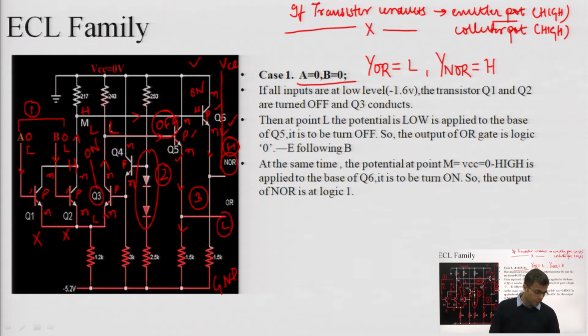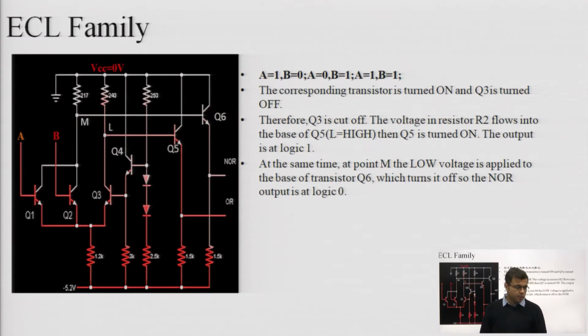Okay. So now let's proceed towards the remaining parts. So if A is 1, B is 0, A is 0, B is 1, and A is 1 and B is 1. That means if any of the input is high, that means at least there is one input which is high. Okay.